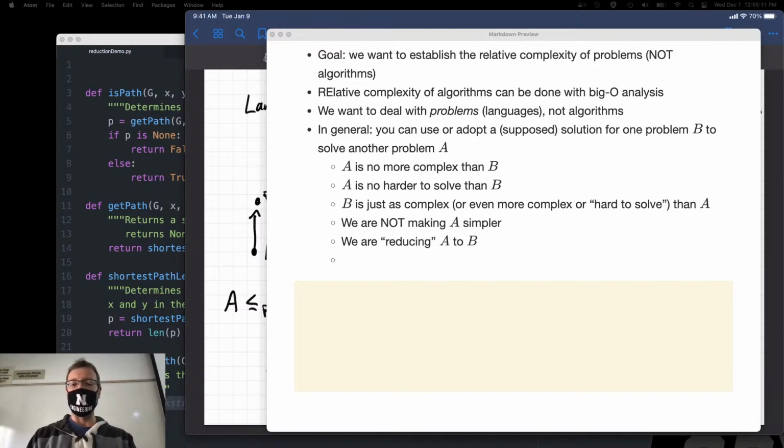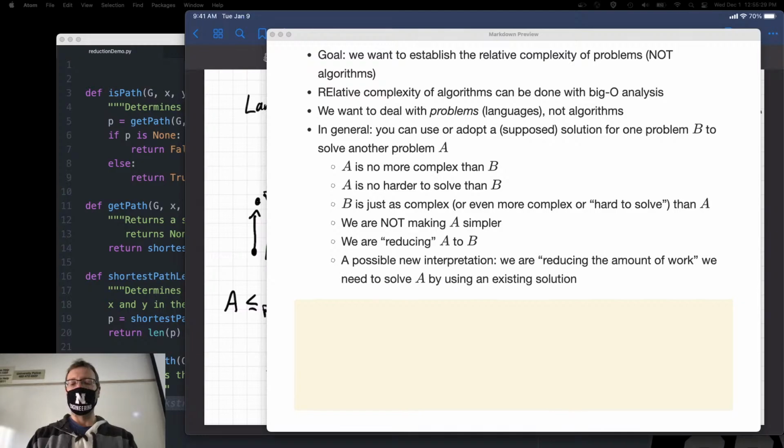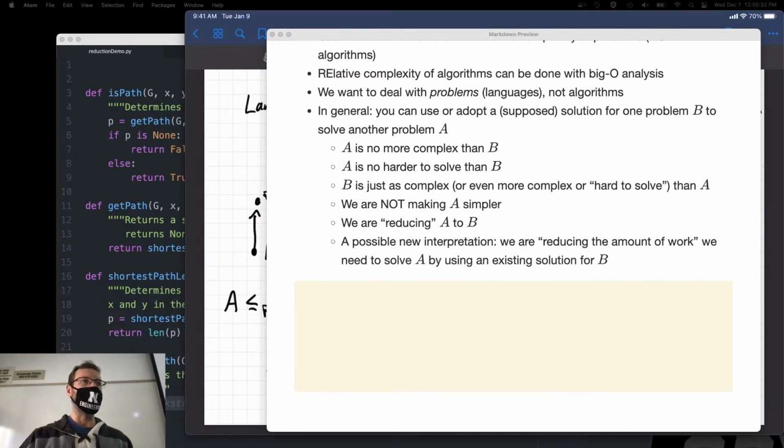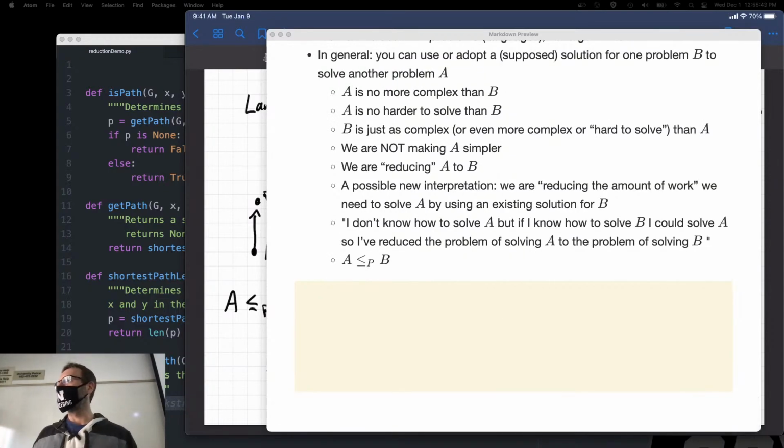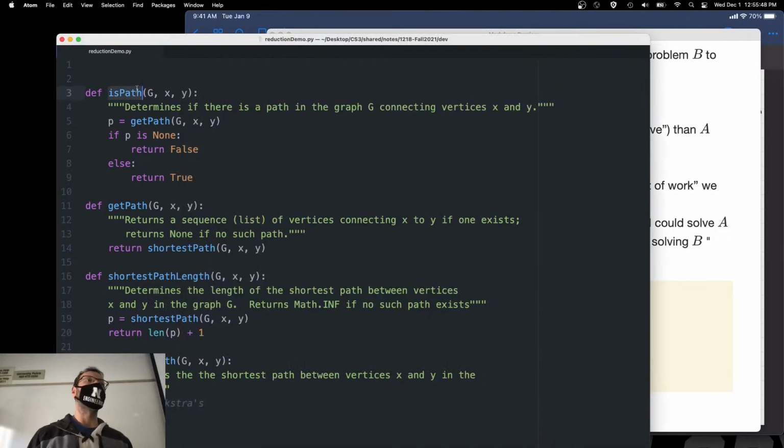Again, I like this possible new interpretation. We are reducing the amount of work we need to solve A by using an existing solution for B. By reducing it to B, we've reduced our own amount of work. Another way of saying this is that I don't know how to solve A, which is path, because I've never seen BFS or DFS.